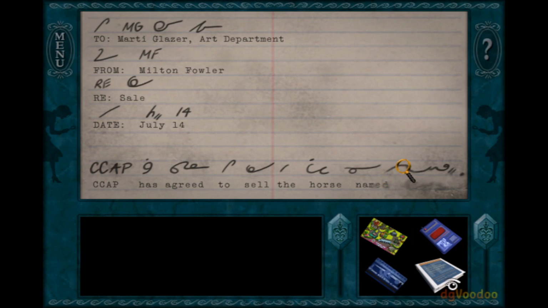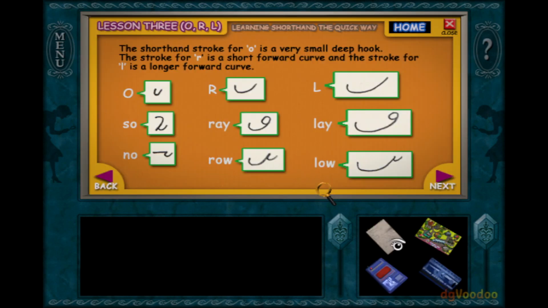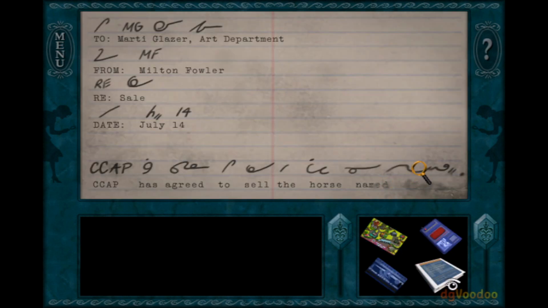So, there's this curve here. So is this L? And then we've got what could be an O after it. So this could be low.